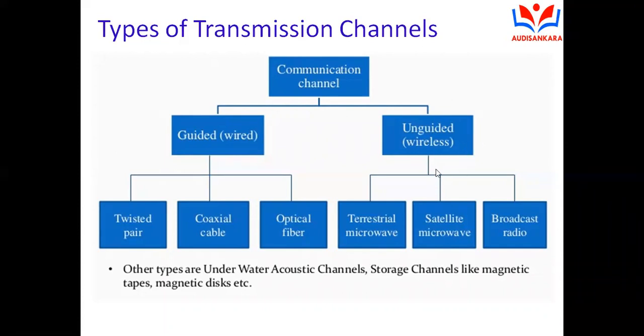Similarly, in unguided transmission media, terrestrial microwave, satellite microwave, and broadcast radio systems are preferred. Sometimes underwater acoustic channels and storage channels like magnetic tapes and magnetic discs are preferred for communicating the information.